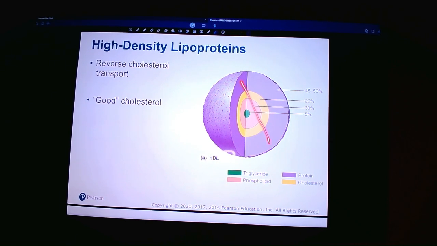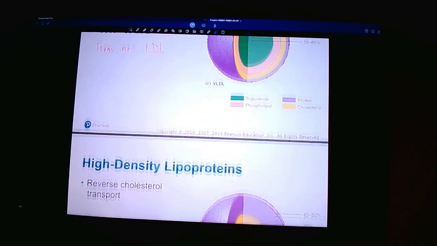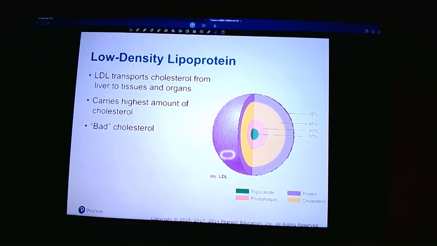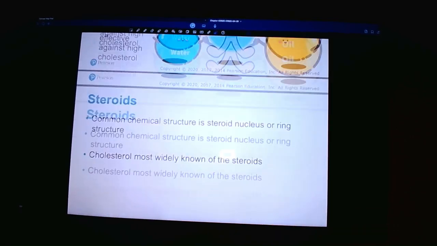So whenever we're talking about density, think low density, low shell, like a superficial shell. That means whatever's inside is all just lipid, just a bunch of fats, our three different types of lipids that we talked about up here.